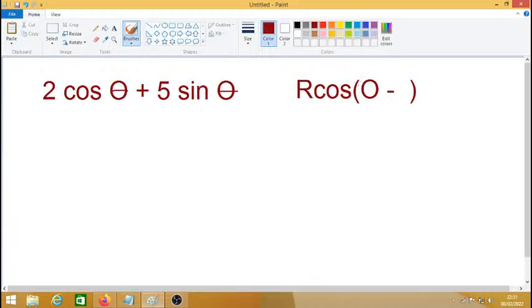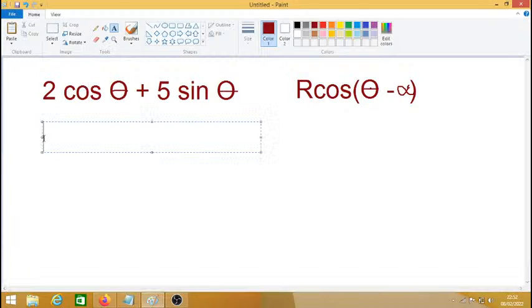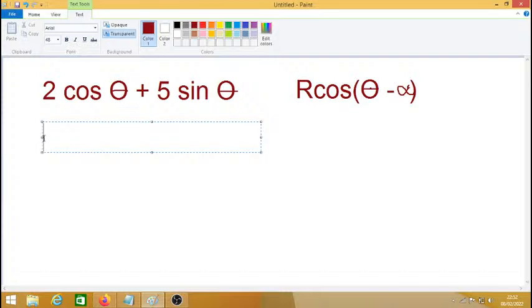We figured out how to rewrite the long version of the cos(A minus B) formula and compare that, and we ended up with the answer that we can write this whole expression in a much shorter form, which is square root of 29, that was the R, multiplied by cos(theta minus 68.2 degrees).